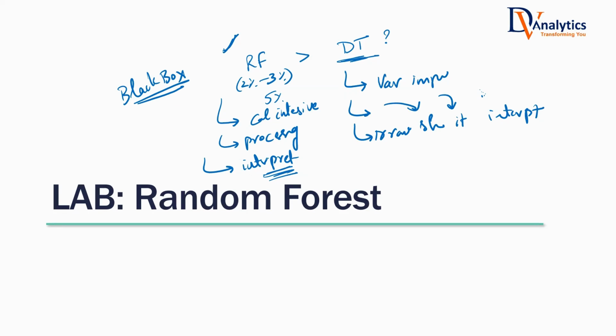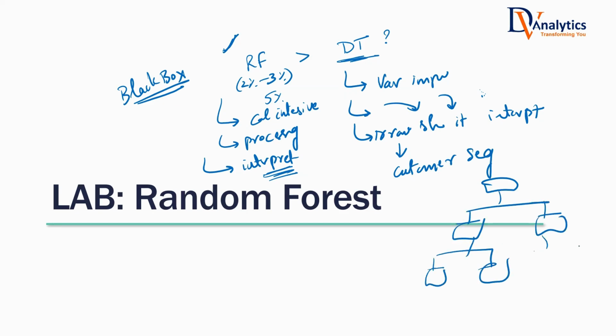Another important issue with the random forest is that in decision tree, finally you will get customer segments as the output. Yes or no? If you want to do marketing segmentation, decision tree, apart from prediction, what does it give? It will give you customer segments as output. We apply strategy 1 on segment 1, strategy 2 on segment 2, strategy 3, strategy 4.